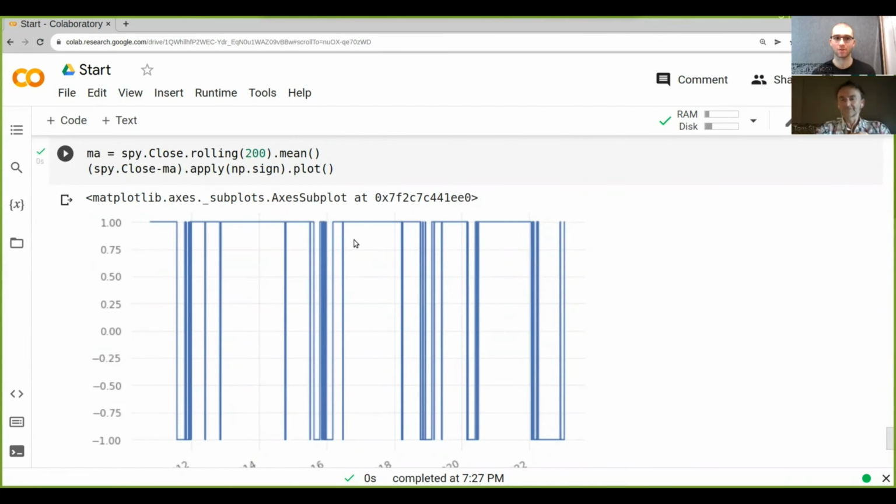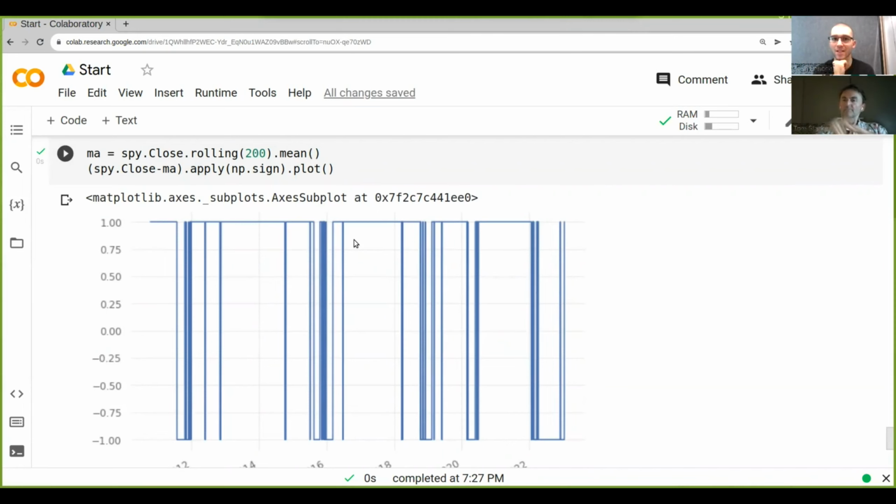Any questions? So if I understood it right, we saw before that it was over 0 and under 0, so positive or negative. Yes. And what we're doing now is dividing it into 1 and -1, instead of all the nuances.